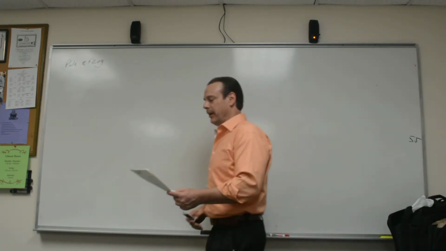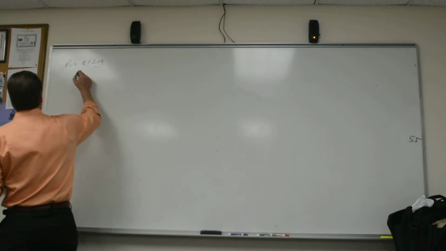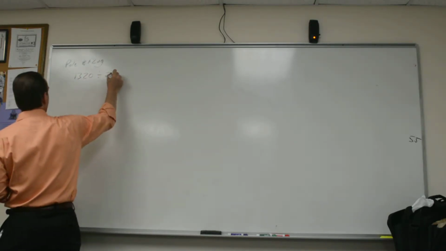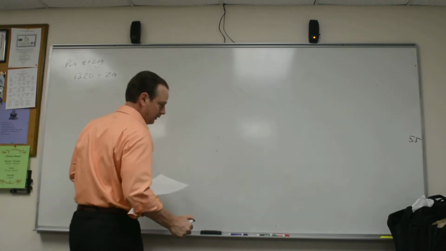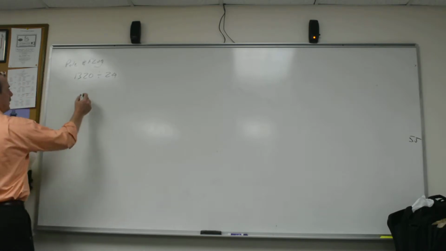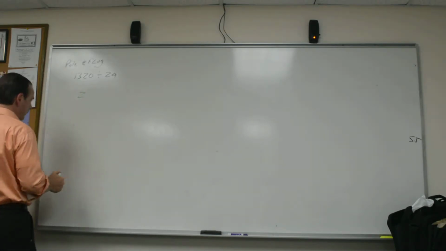All right, we're going to take the new number here. We're going to divide that by 24. All right, what is our pole? 2. What is our flag? 4.